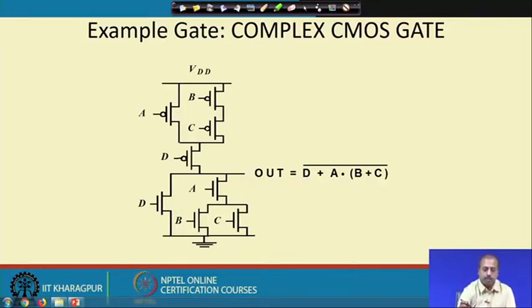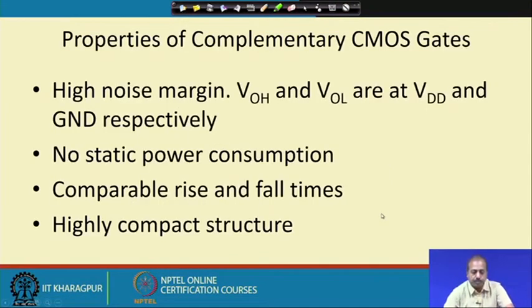So, next we will look into the properties of this complementary CMOS gates, why it is so popular. So, it has got high noise margin. We will explain this term in the next few slides. VOH means the output voltage level which we are considering to be high.